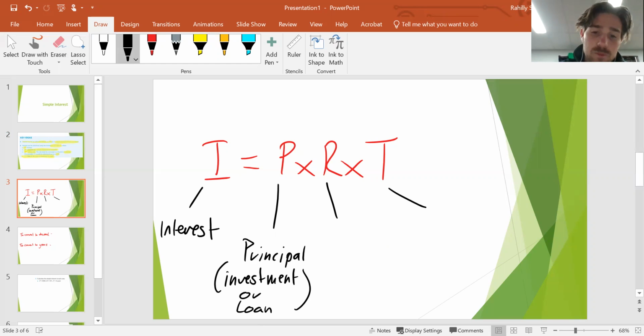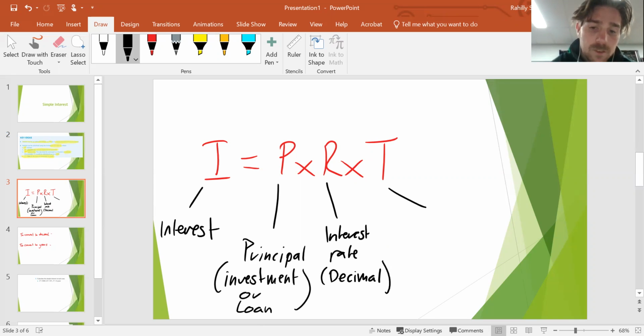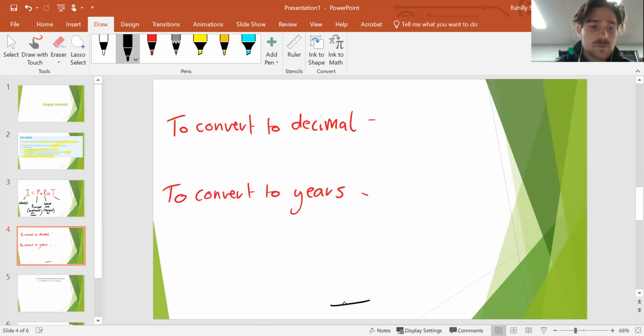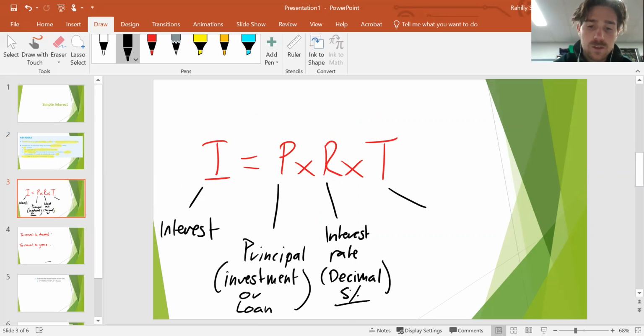The rate is the interest rate as a decimal. To do that, you'd say it's a 5% rate, you divide that by 100. Okay, so to work out your decimal for your interest rate, you get your percentage and divide it by 100. And then T is time in years.